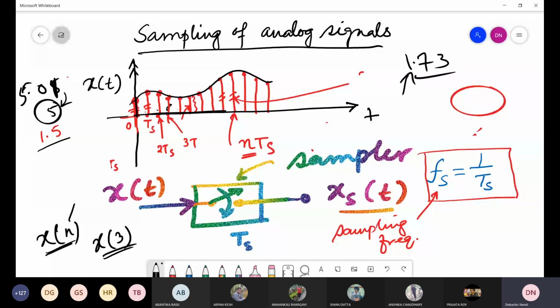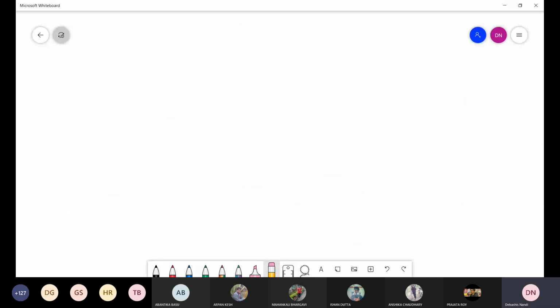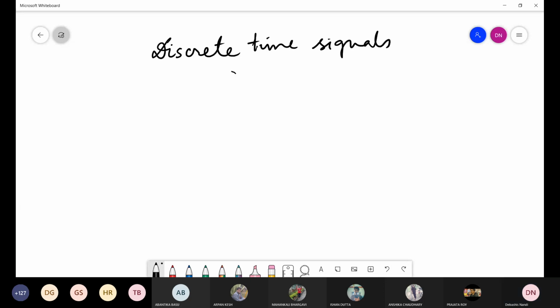Next, I want to discuss the discrete time signal representation, discrete time signals and systems. So the next topic, I'm writing here, is discrete time signals and systems.